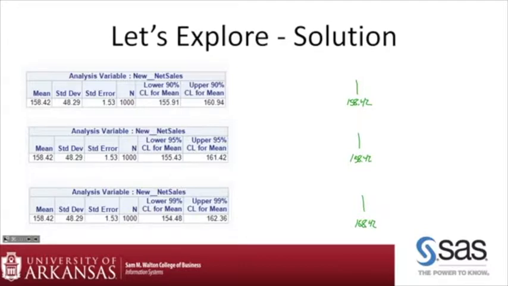And if I'm 90% confident that the true mean of my entire population is going to fit in this interval, I'm going from 155.91 to 160.94. That's me being 90% confident.